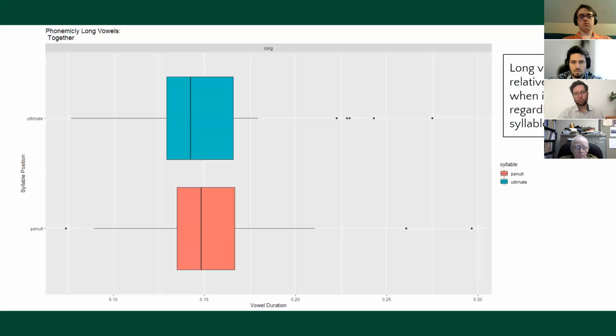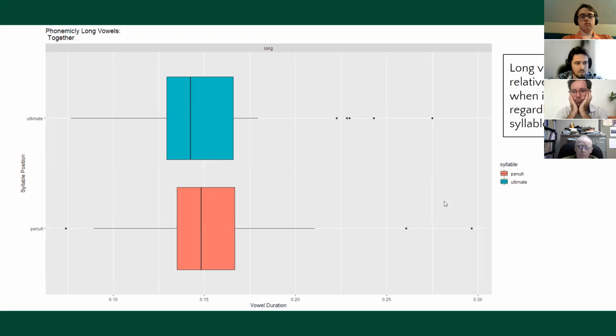This is the phonemically long vowels' different durations when in either the penultimate or final syllable. We see that they are actually relatively equal in duration, regardless of what syllable they're in, though it should be noted that there are several outliers in the final syllable, which are all longer than the majority of the penultimate syllable.